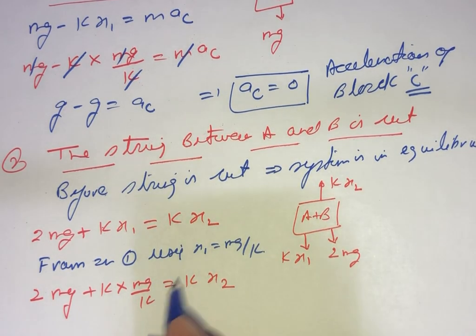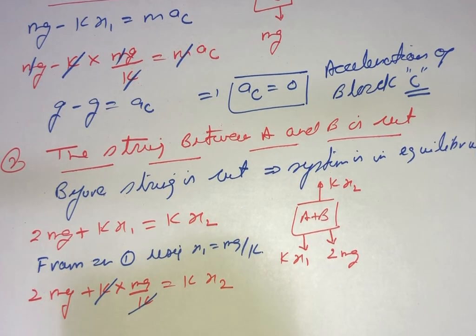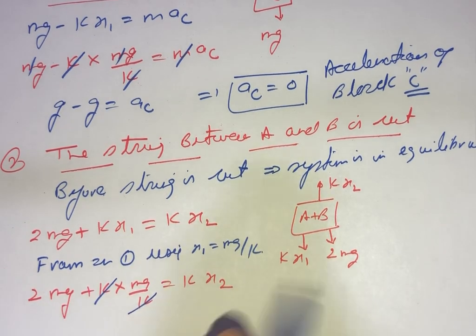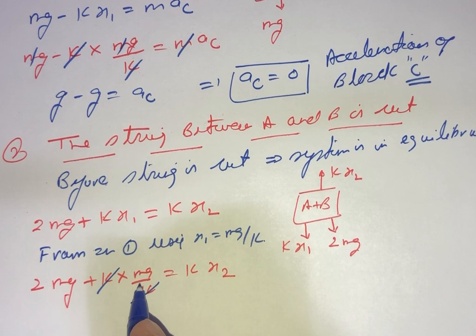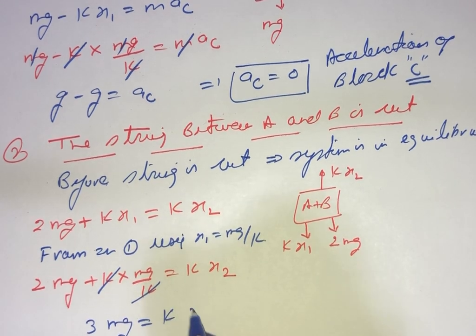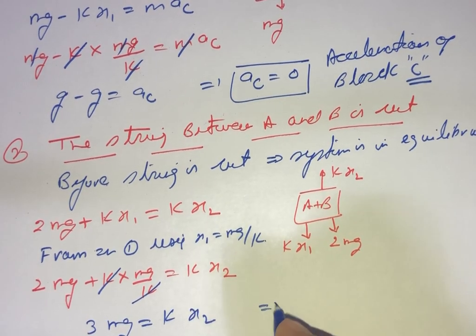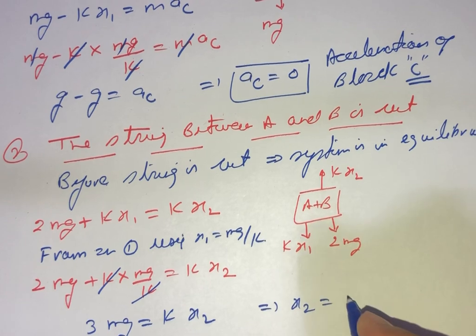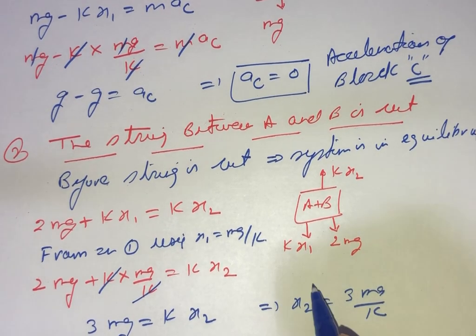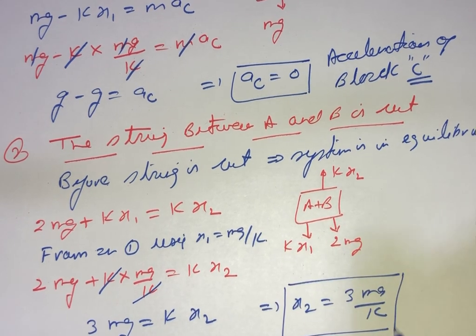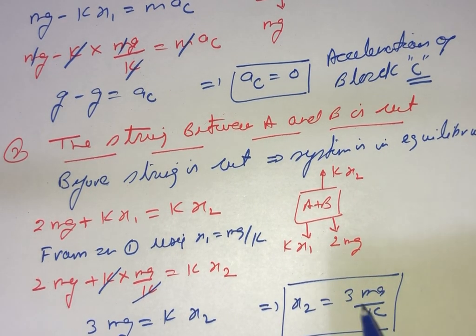So k cancels out with k, and we have here 3mg. We can write this as 3mg is equal to kx2. From here we can say that x2 is equal to 3mg divided by k.